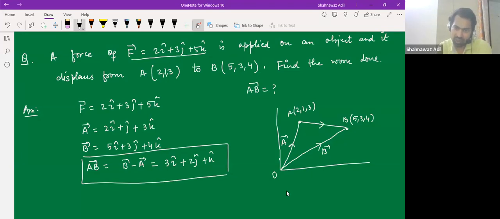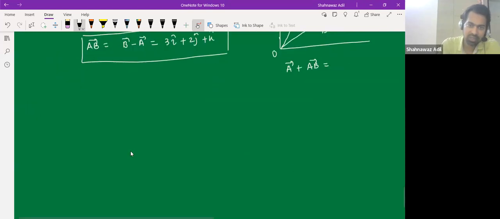Triangle sum. So A plus AB, this would be how much? This one plus this one. What would be this? Triangle's law. Okay, let me just revise this again.